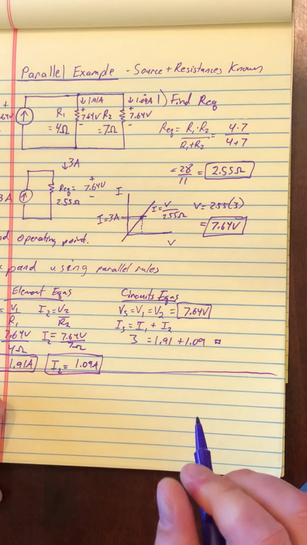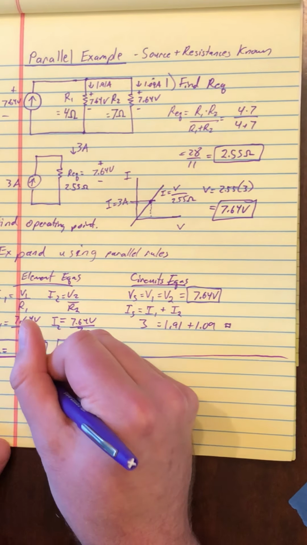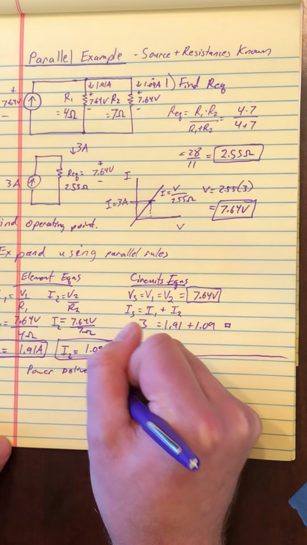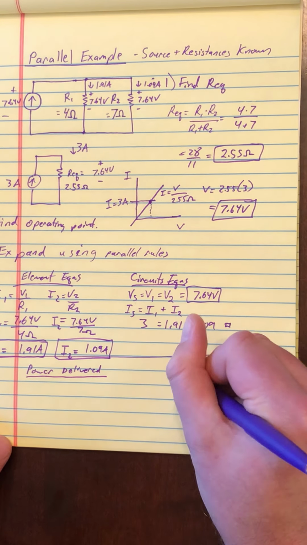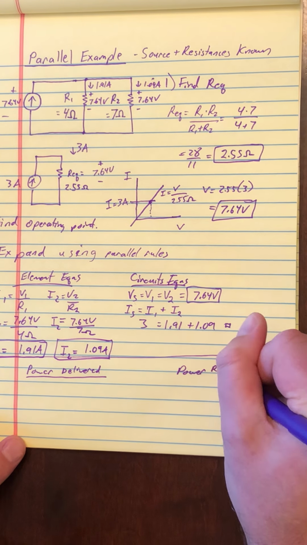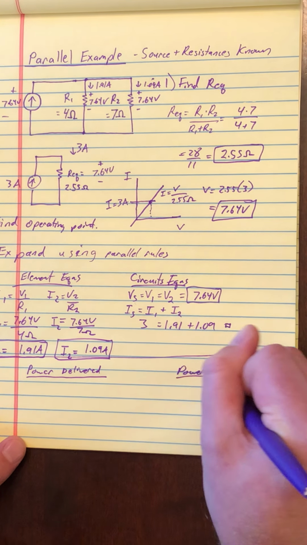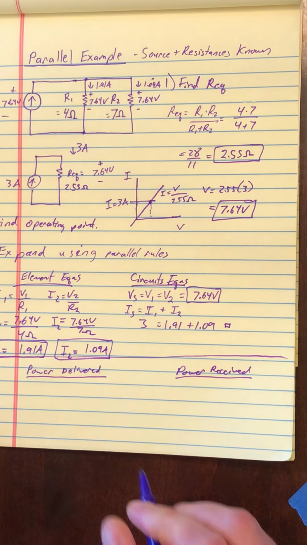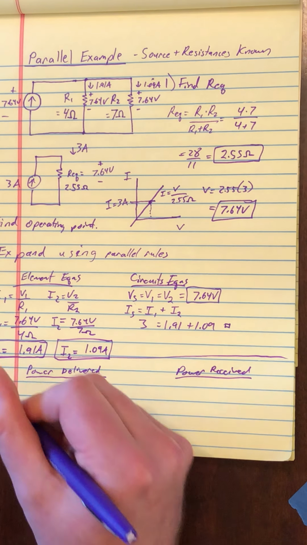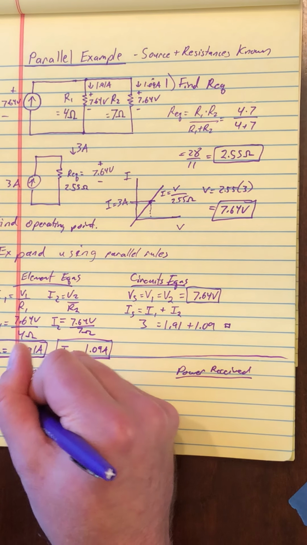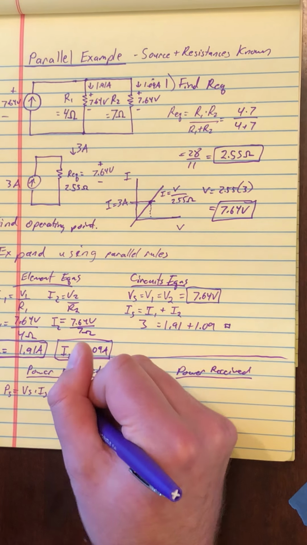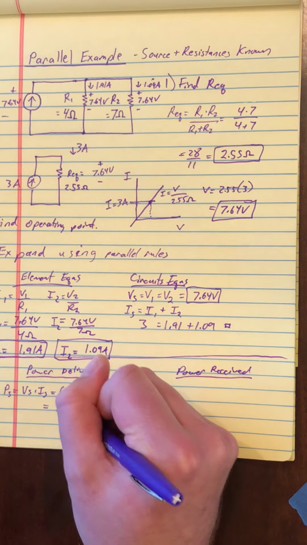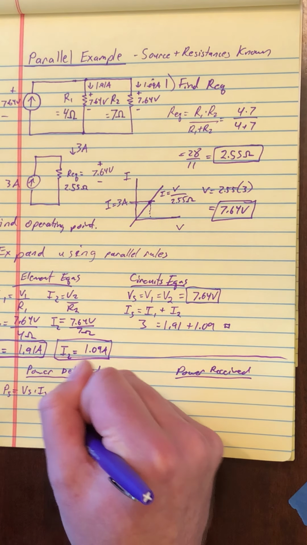One more thing that we haven't talked about is power. And so I'm going to just go ahead and do power. We have power delivered by the source and power received by the loads, or the resistors. And remember, our power equation is P is V times I. So for the source, this is V source times I source, which is 7.64 multiplied by 3, and that gives me 22.9 watts.